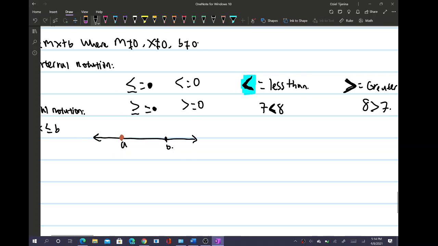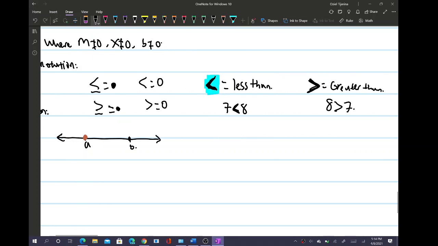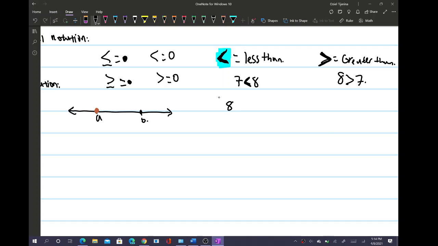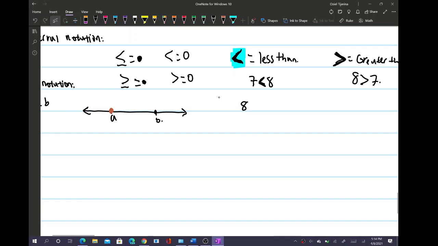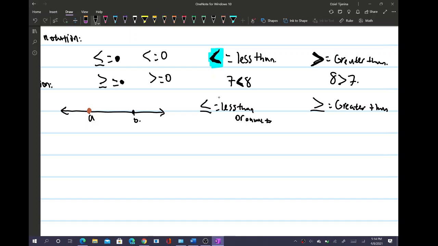That's what it means. Now, an equals sign means it can be less than or equal to. This one means less than or equal to, okay? This one means greater than or equal to, okay?